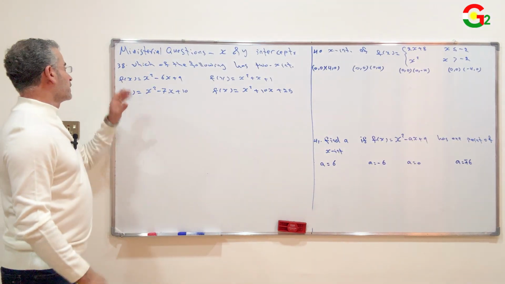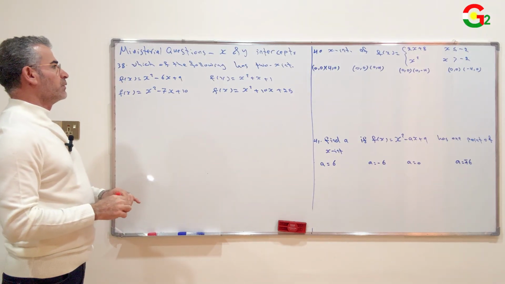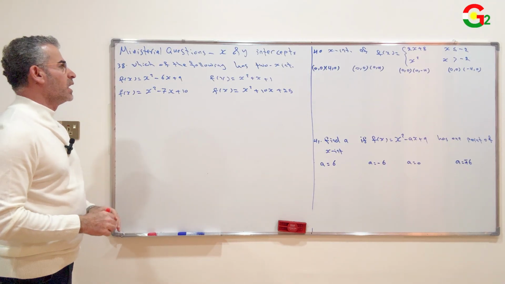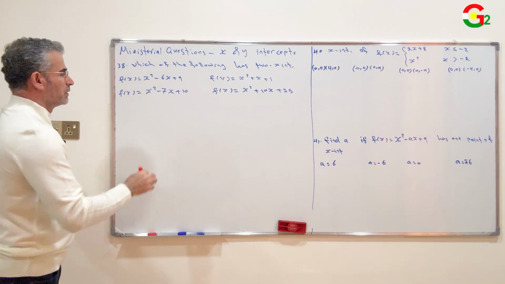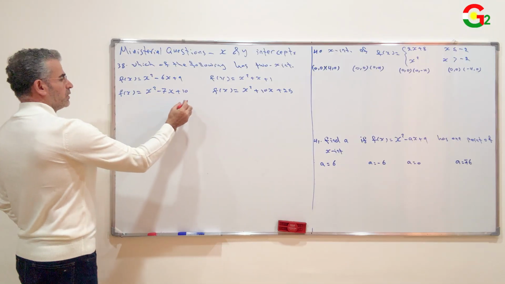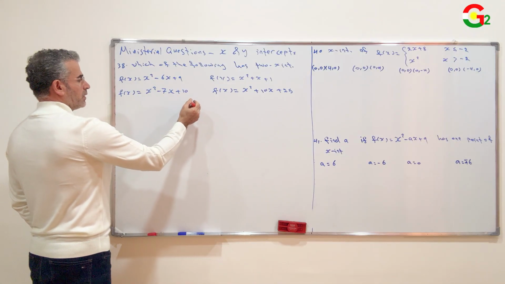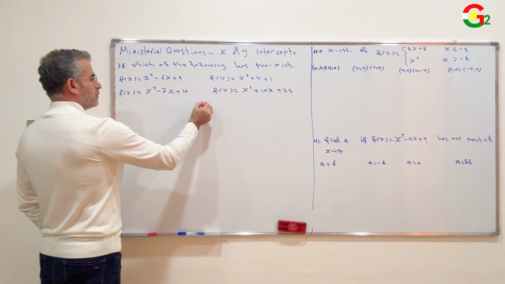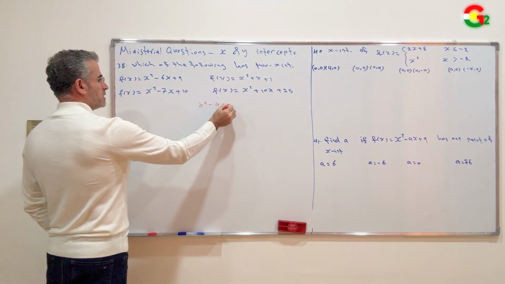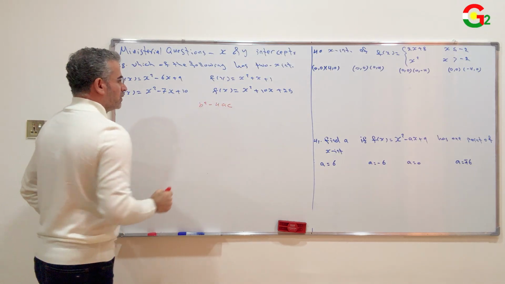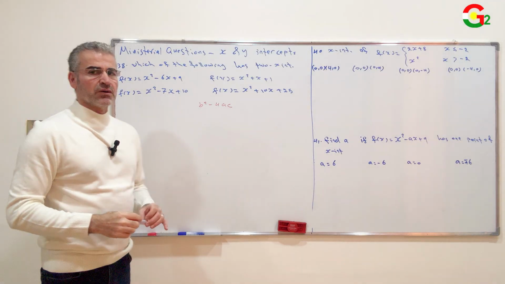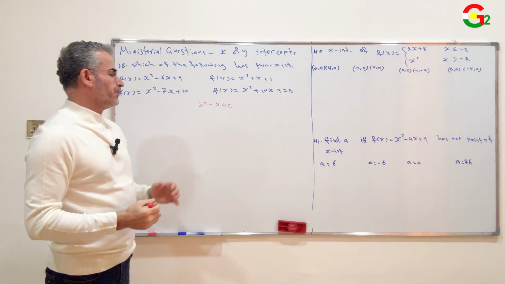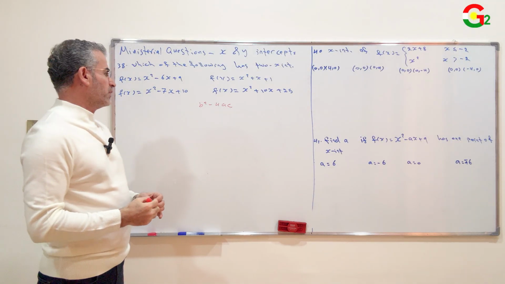Question number 38. Which of the following functions has 2 x-intercepts? To solve this, we will use the discriminant of the quadratic formula, b squared minus 4ac. If this term is greater than 0, then the function has 2 different roots.